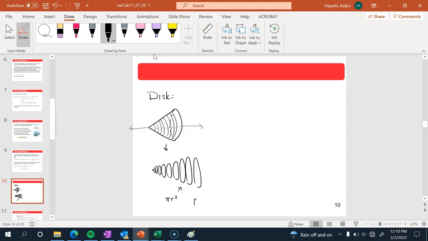So the formula for integrating this way becomes pi times r squared dx. So there's a parallel between the pieces that you're breaking up into and the formula itself.